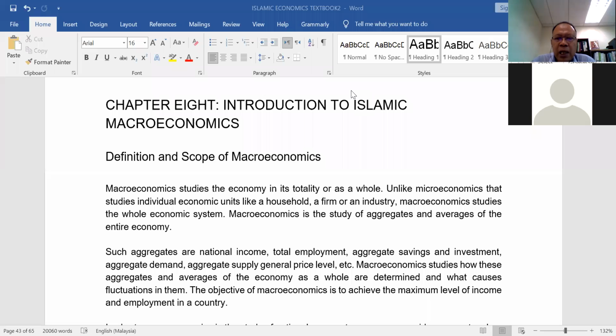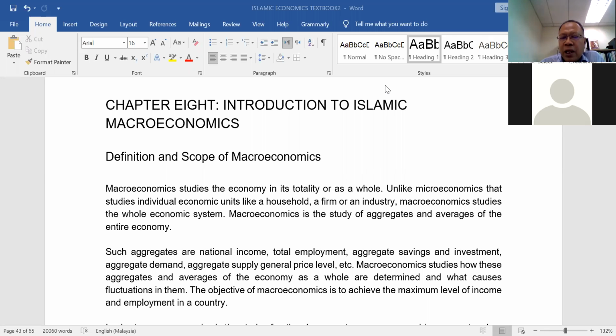So macroeconomics studies how these aggregates, the aggregate demand, aggregate supply, and averages, okay, consumer price index, for example, how these aggregates and averages of the economy as a whole are determined, and what are the factors that cause the fluctuations of the changes, why national income increases, why it decreases, what determines the aggregate demand, what determines the aggregate supply.